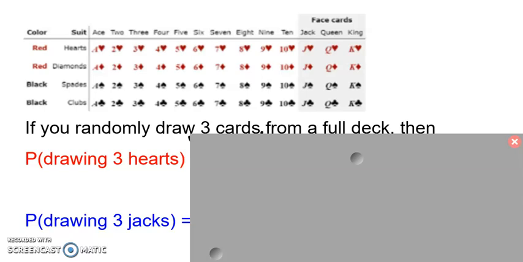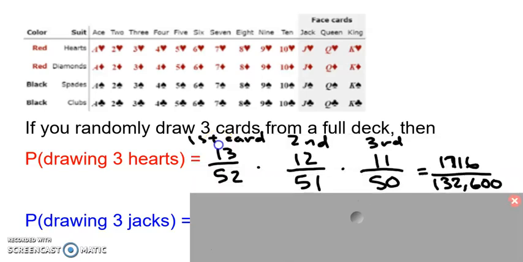So I need to look at my first card. There are 13 different ways I can get a heart when I draw my first card. Now, I've picked that card, it's out of the deck, and I need to grab a second card. I need that to also be a heart. So my first card being a heart, I now only have 12 hearts left in my deck, and I only have 51 cards to choose from.